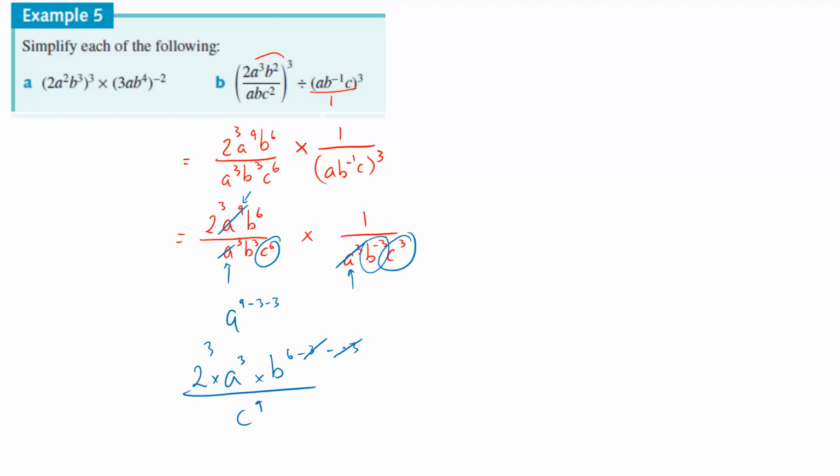You add the number of C's you have: 6 on the bottom on the left, 3 on the bottom on the right. 6 plus 3 is 9. So putting them all together, the answer has to be 2 cubed, which is 8, A cubed, B6 over C9.